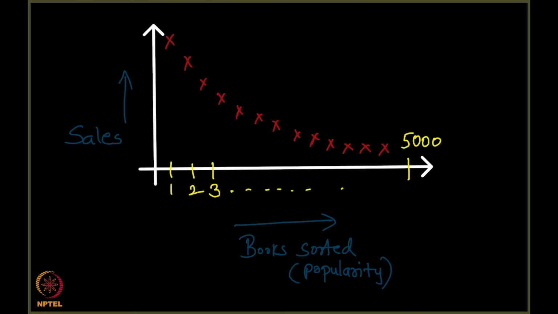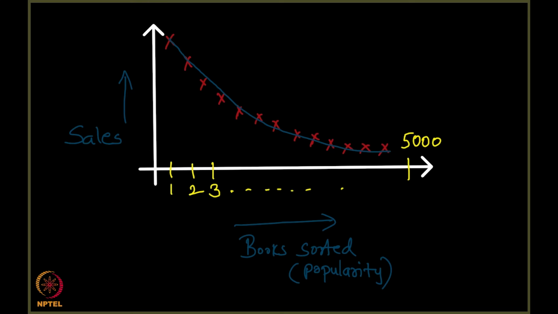So let me join these points, and as you can see, it will be a curve like this. Now this looks like the same old theory of power law, but power law is slightly different. As you know, it's about the distribution of the node degree, correct? But the curve here resembles that.